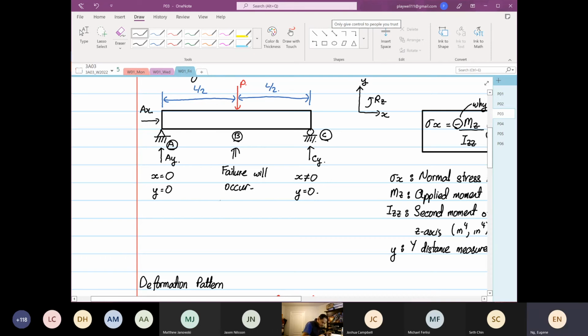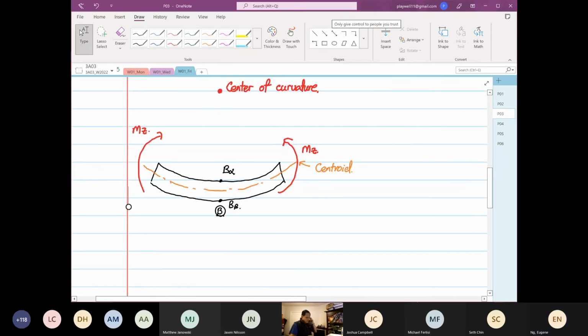Where failure will occur is where maximum stress will occur. So there's no point calculating stresses from point A to point B, and no point calculating stresses from point B to point C. Just focus on point B. Okay, so now the next thing is, again, I'm going to draw our transformation.